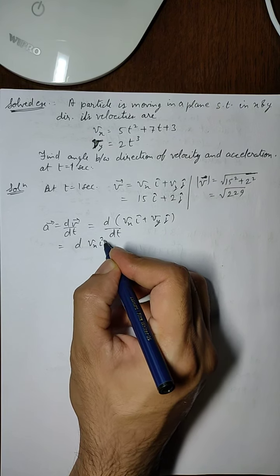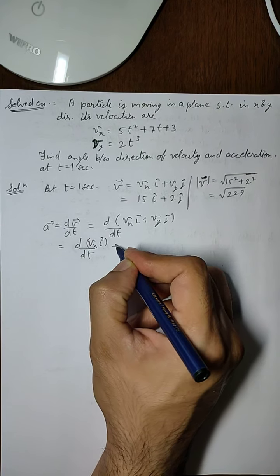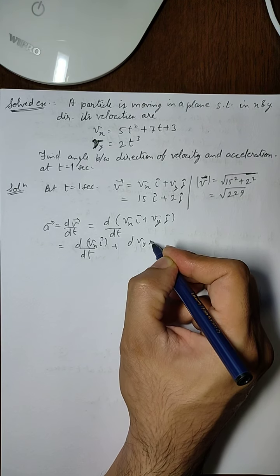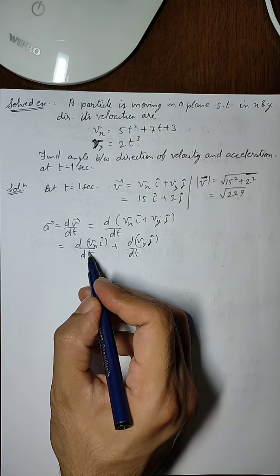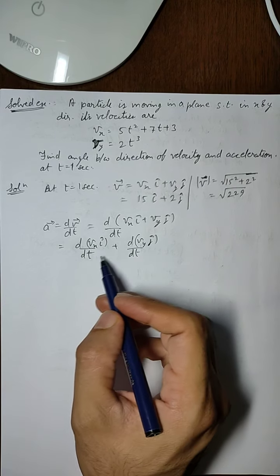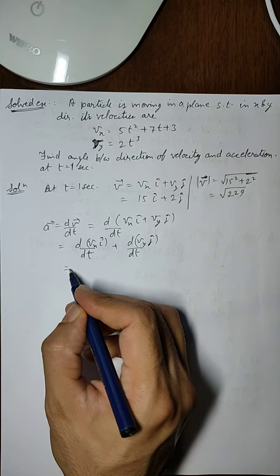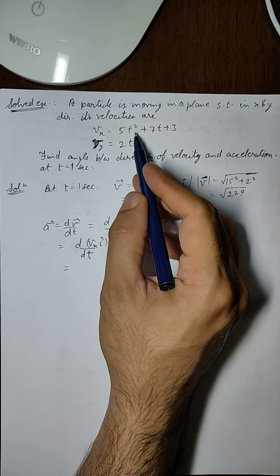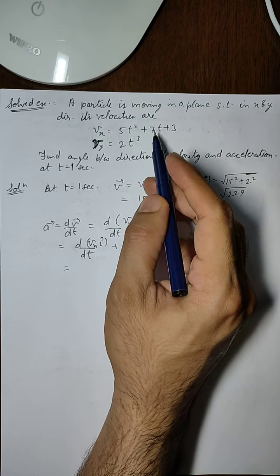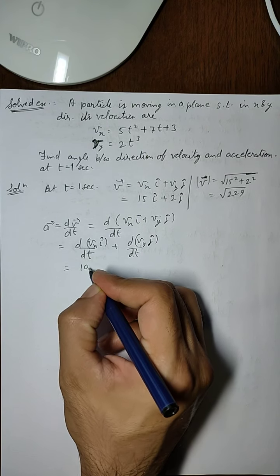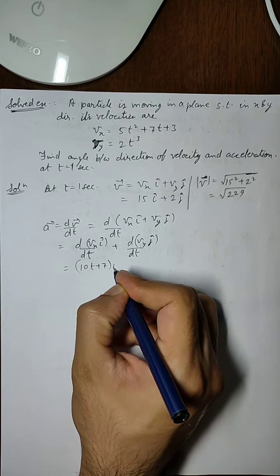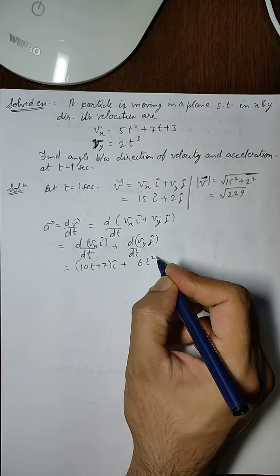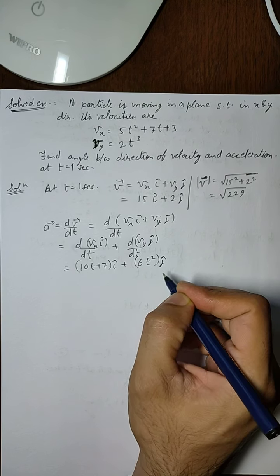We can separate them first so that they are easier to understand. We have to differentiate both Vx and Vy with respect to t. If we differentiate Vx, it will be 10t plus 7, so this becomes (10t plus 7) i cap. Vy will become 6t square j cap.